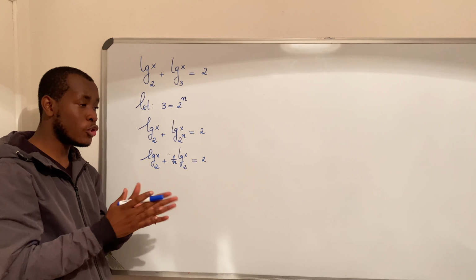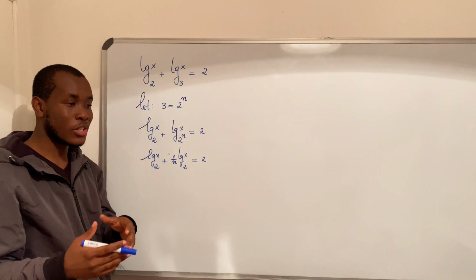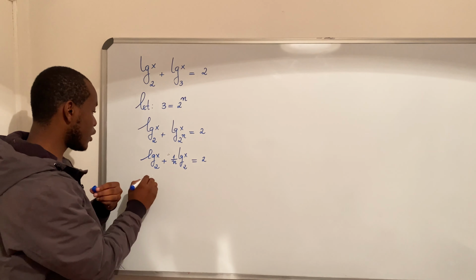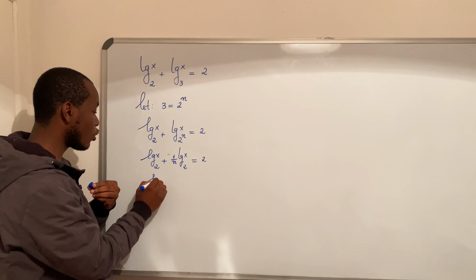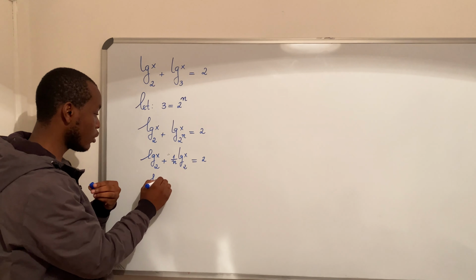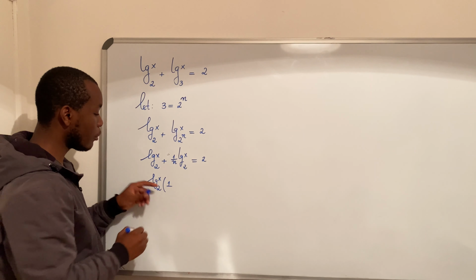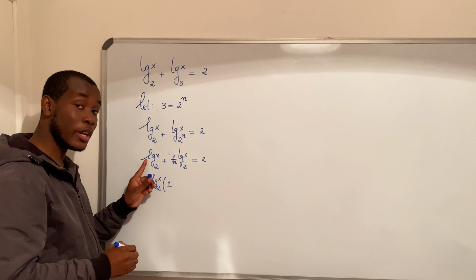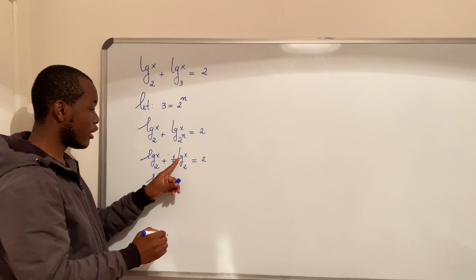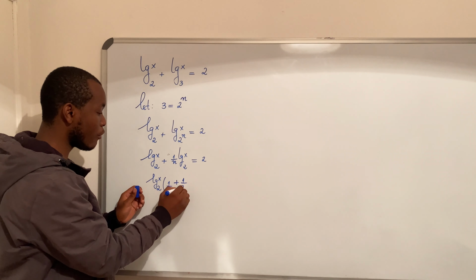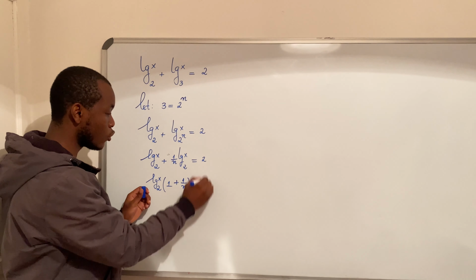In maths, when you have two or more repeated expressions, you can factorize. So let us factorize the common one, which is log of x to the base 2. Factorizing here, we end up with 1, because if I multiply, I go back. Plus, when I factorize this expression, we're left with 1 over n, equal to 2.